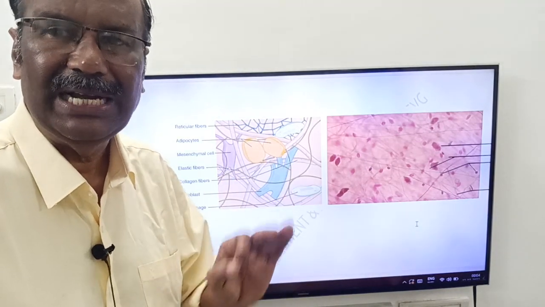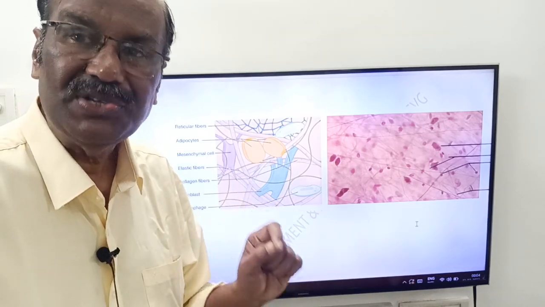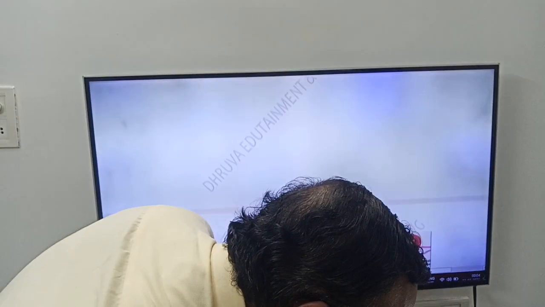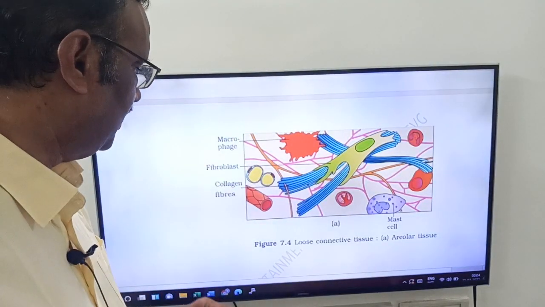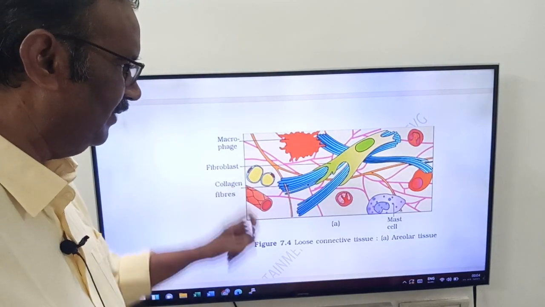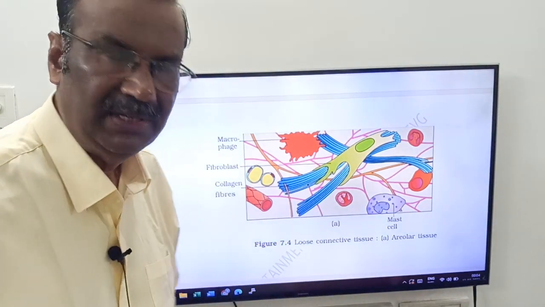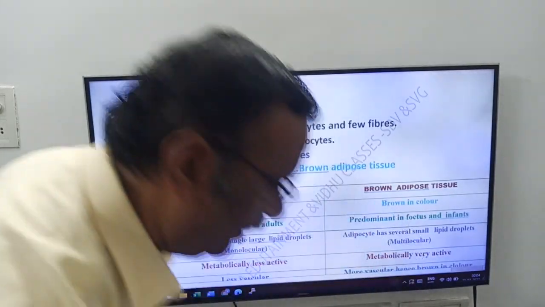That is the important character of areolar connective tissue. Areolar connective tissue is the first type of the connective tissue proper, friends. Okay, friends. See, one more image. Macrophages, fibroblasts, and collagen fibers. Mast cells.